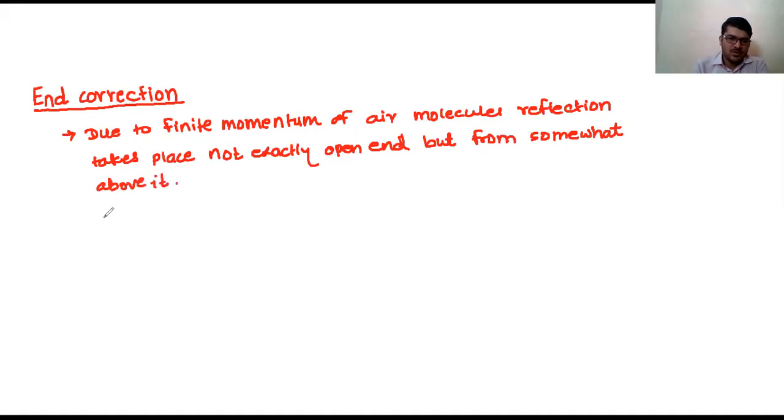Means how? Suppose now this is a closed pipe I am taking. So you can see here this is a closed pipe at one end. How does reflection take place? This is the antinode.